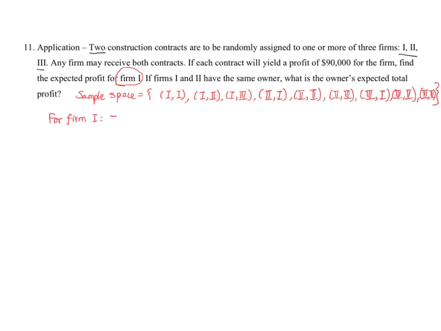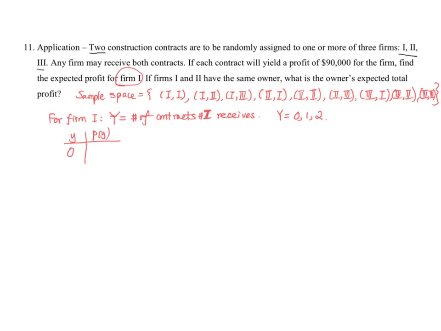So I'll let Y be the number of contracts firm number 1 receives. In this case, Y can be 0 contracts, 1 contract, or 2 contracts. So that's the probability distribution that I want to find, P of Y.